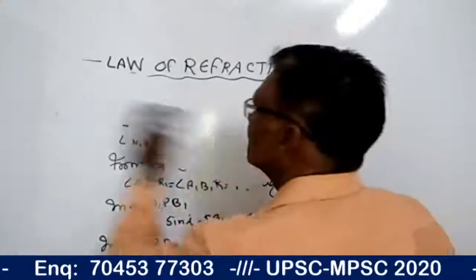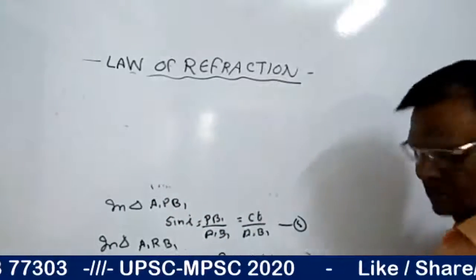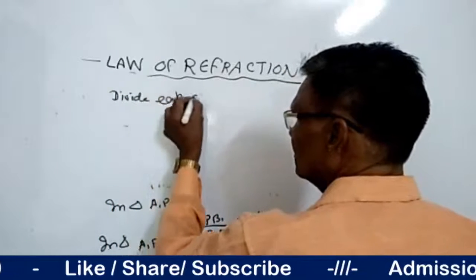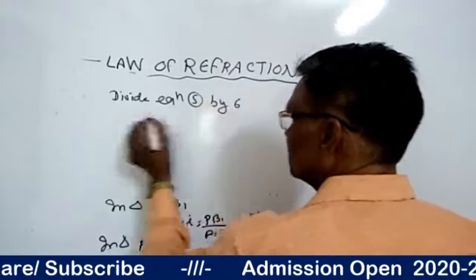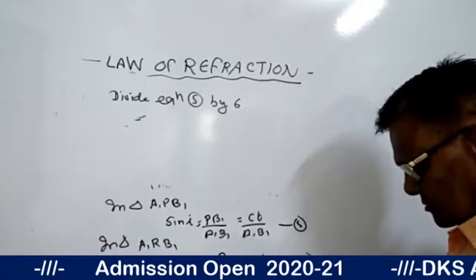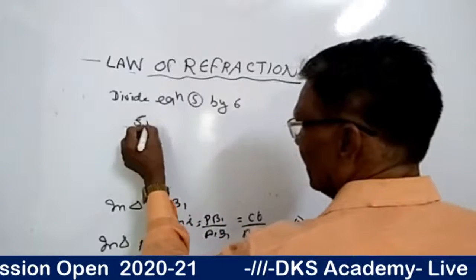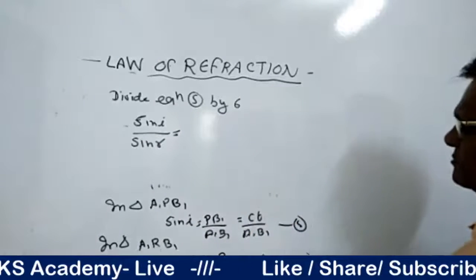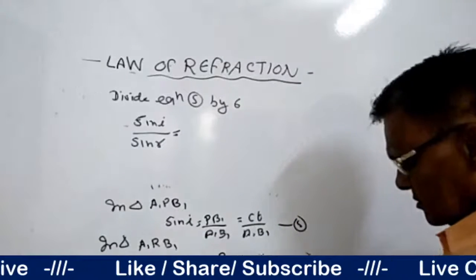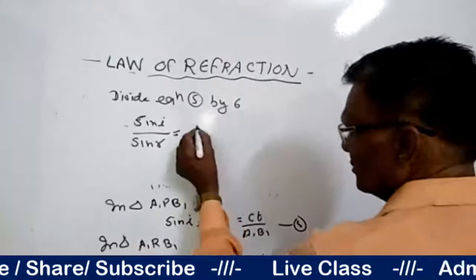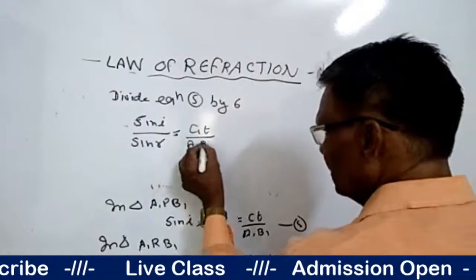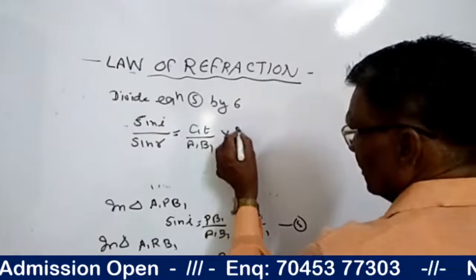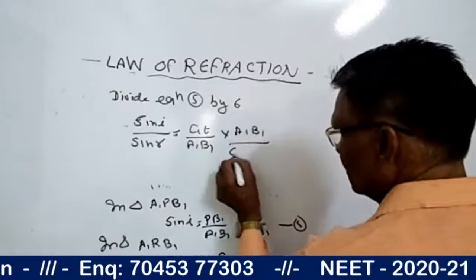Then divide equation 5 by 6. So we will get sin i upon sin r equal to C1t upon A1B1 into A1B1 upon C2t.